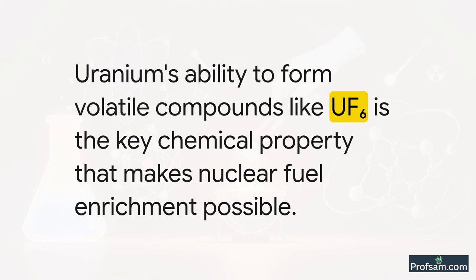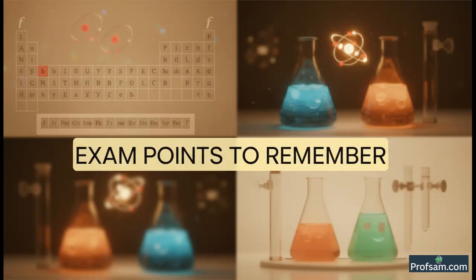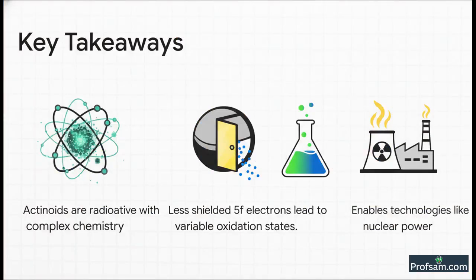It's absolutely critical. Okay, we've covered quite a lot in this short time, so let's quickly recap the most important points that you should remember for your exam. So, to summarize, point 1, actinoids are radioactive elements with very complex chemistry. Point 2, this is because their 5f electrons are less shielded, and this leads to variable oxidation states.